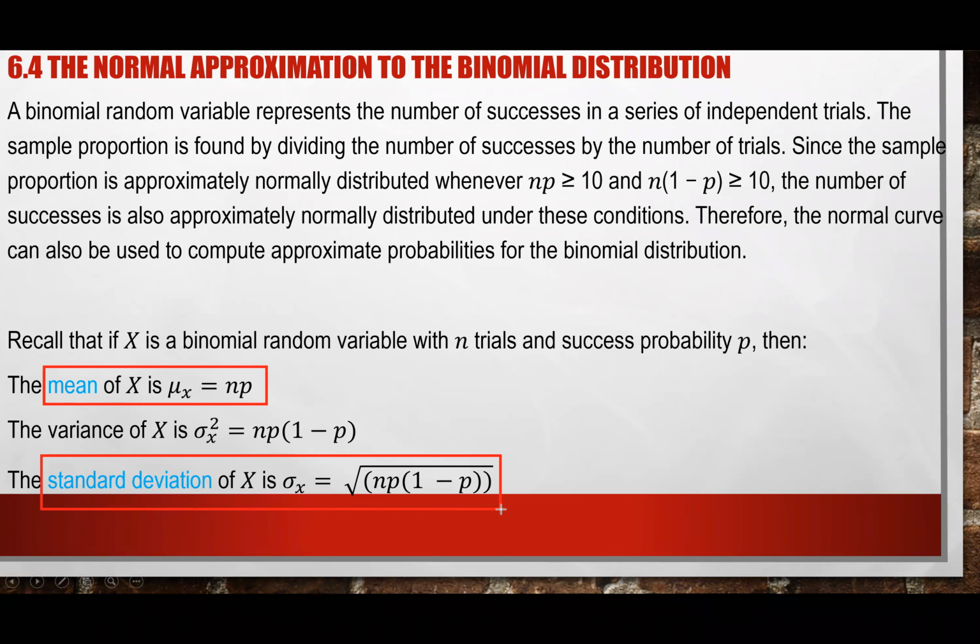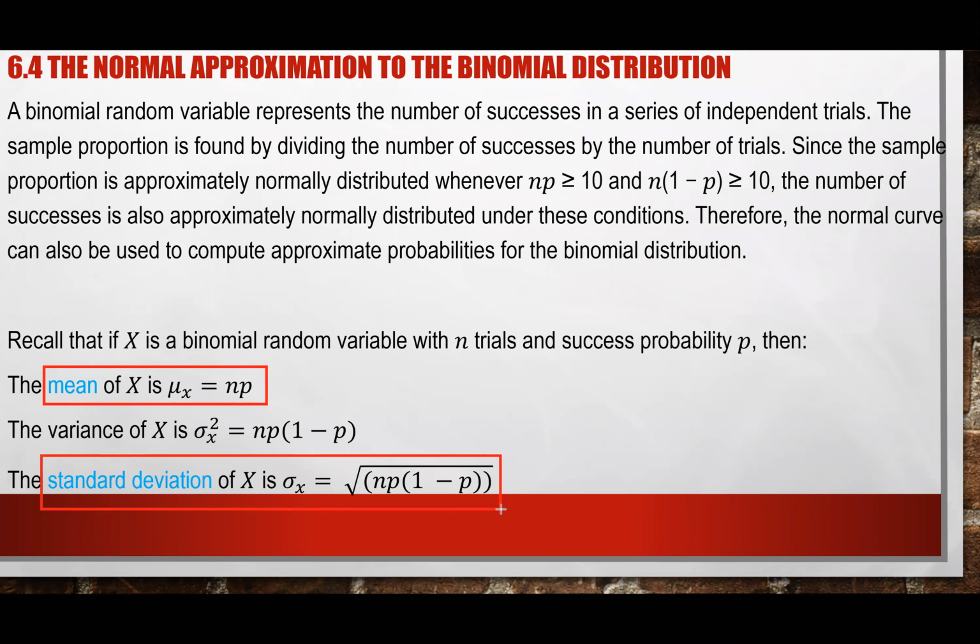In 6.1, whatever information they give us in terms of the population mean and population standard deviation, we plug into our calculator and find our answer. The only difference in 6.2 is that we deal with a sample, so we convert the population standard deviation to a standard error, which is the population standard deviation divided by the square root of n.